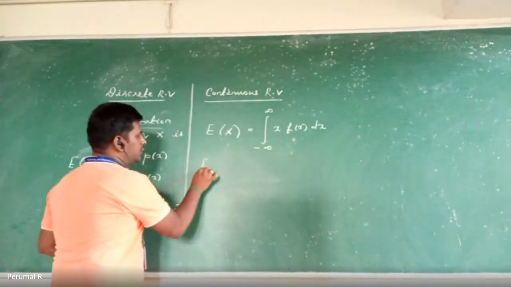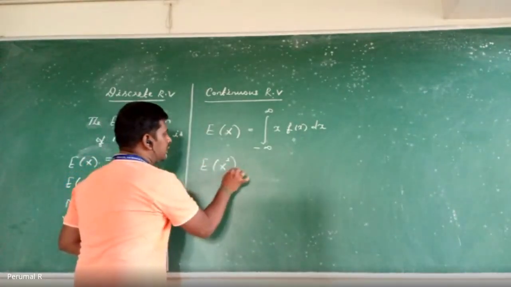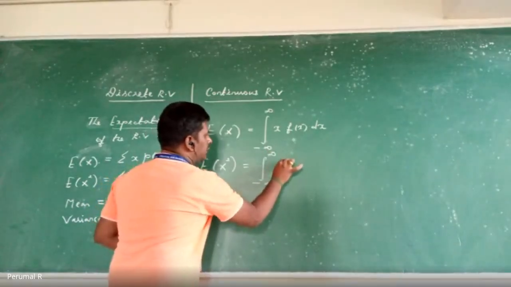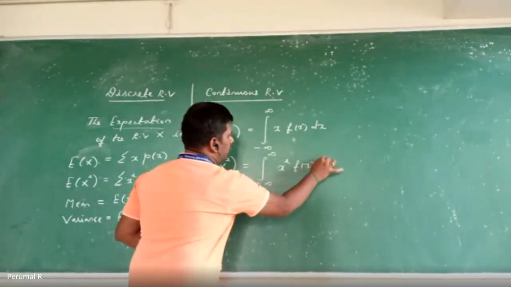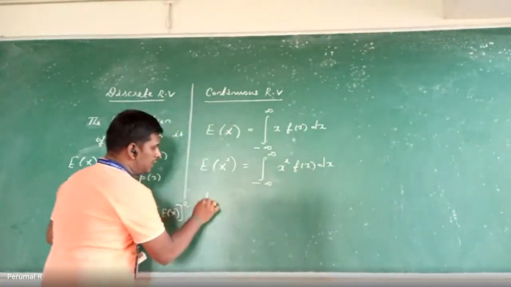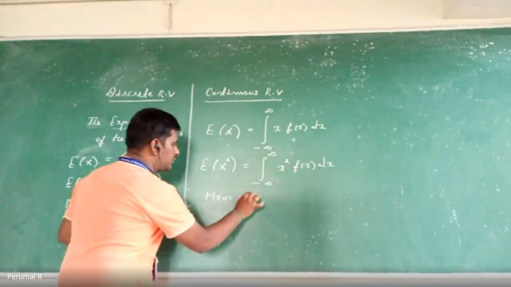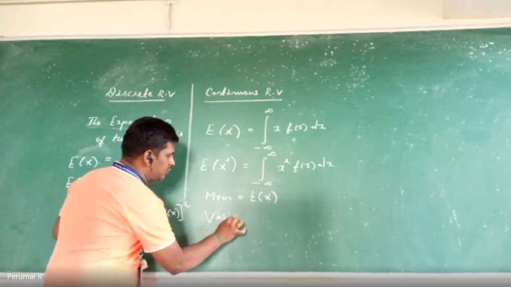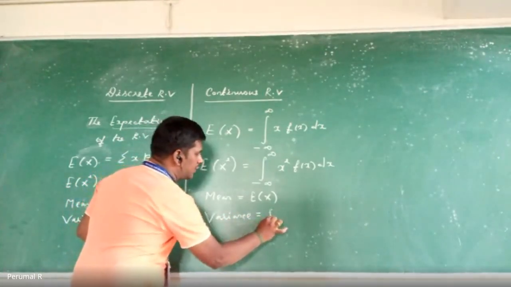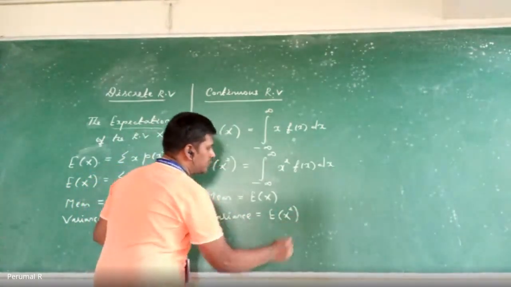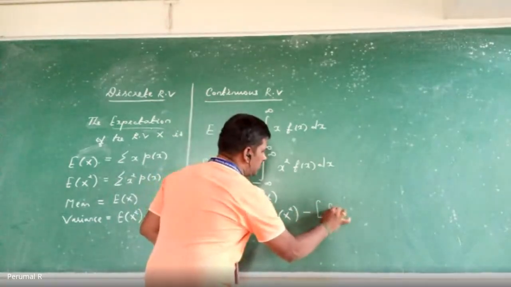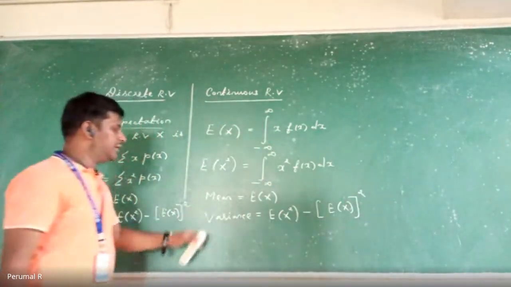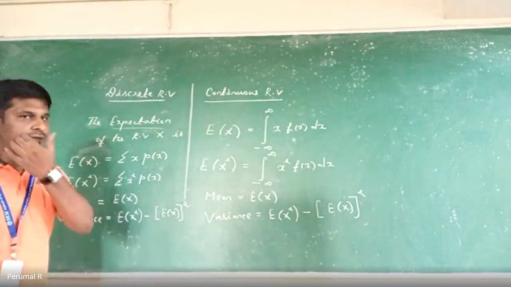Next, expectation of x squared is the integral from minus infinity to infinity of x squared into f of x dx. Then mean equals expectation of x, and variance equals expectation of x squared minus expectation of x whole square. In both cases, the formula for mean and variance is the same.